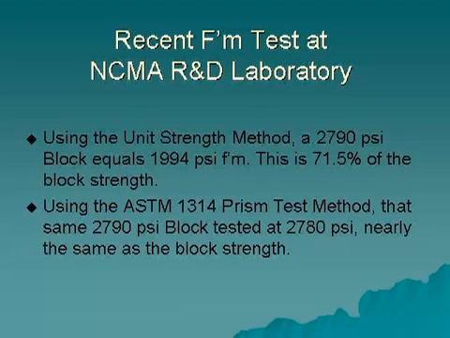The prisms made from lightweight block that tested 2,790 psi net compressive strength actually tested 2,780 psi prism strength, almost equal. This shows that actual in-wall performance is much higher than that provided for in the design based on the unit strength method when using lightweight block using expanded shale lightweight aggregate.